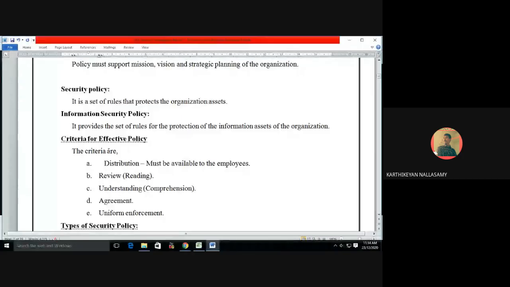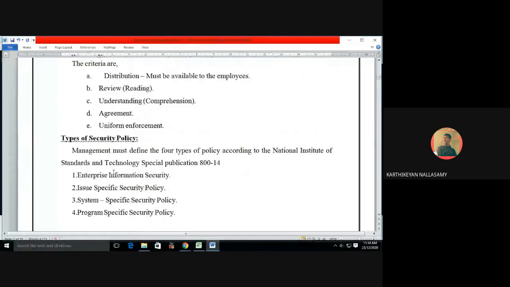And every organization has a vision, strategic planning, and mission, meaning a long-term goal, and strategic planning needs to be implemented for the vision. Once you have a security policy, it must be disseminated and reviewed, and it is comprehensive, it is an agreement, and it will be uniformly enforced on everyone. There are 4 types of security policies: for the entire organization, specific issue, specific application implementation, and specific programs.